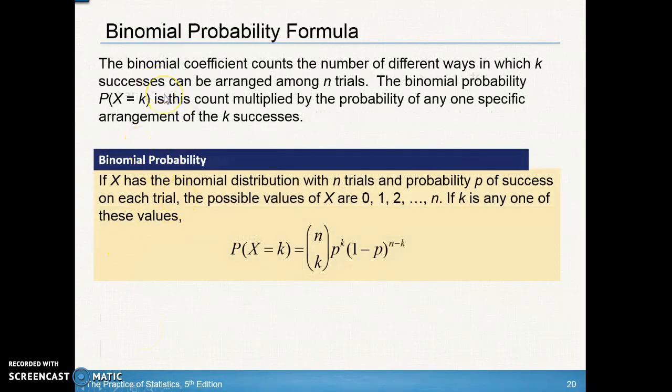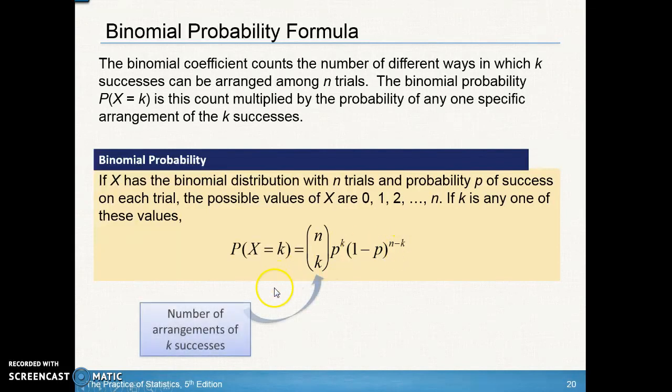Okay, so our official binomial probability formula takes what we just talked about on the last 2 slides and puts them into one formula right here. The probability that x is equal to k, or let's say 2 successes, is equal to the binomial coefficient, how many trials you have and how many successes you want, times the probability of success raised to how many successes you want. 1 minus p is the probability of failures, and n minus k is the number of failures that you want.